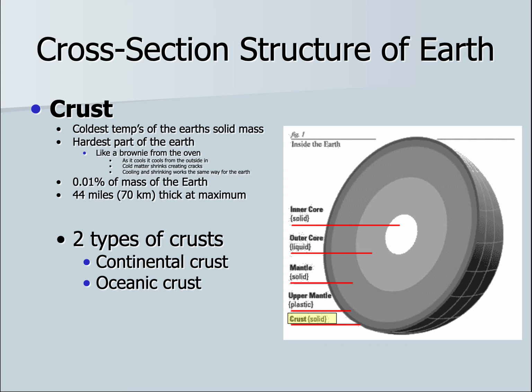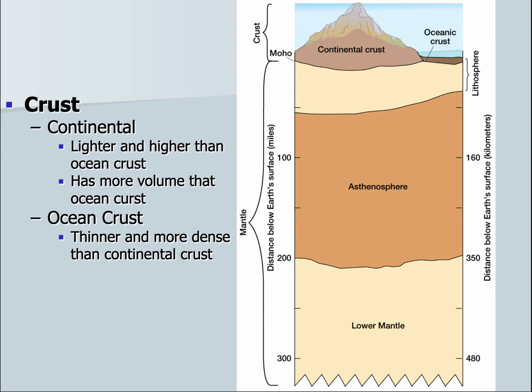So we're going to talk about equilibrium lines in a few minutes. But with that thickness, half of that thickness is considered, sort of on the surface, and some of that thickness is then penetrating into the asthenosphere. So two types of crust, we said there were, a continental crust and an ocean crust.